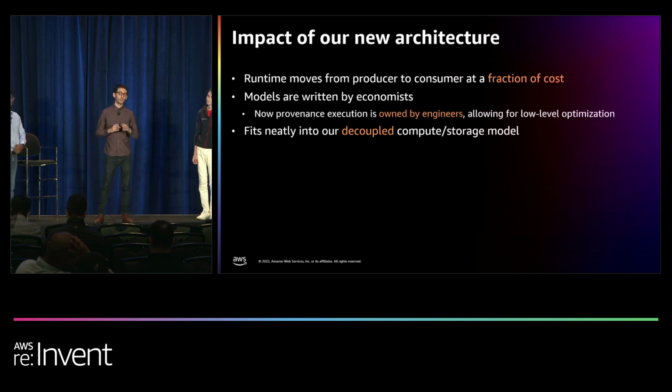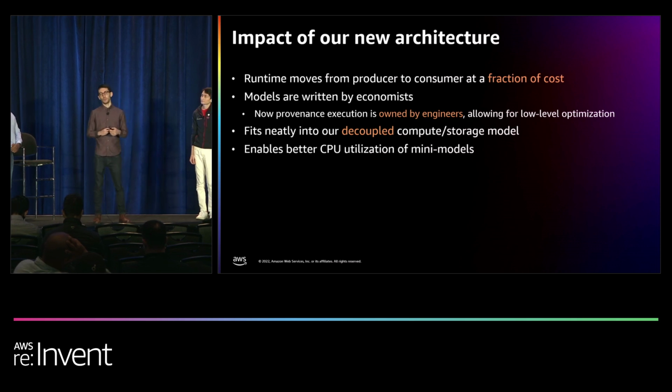Next, we mentioned that we've decoupled this architecture, and this decoupled architecture fits nicely into Bridgewater's larger microservice strategy. And so it's part of this larger decoupled architecture from a storage and compute perspective across the organization. Next, we are better utilizing our infrastructure.